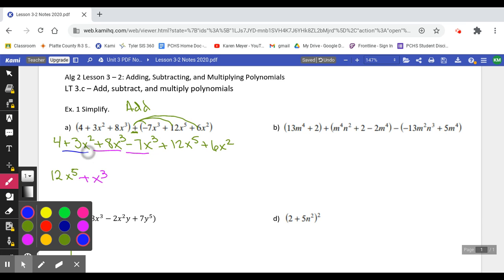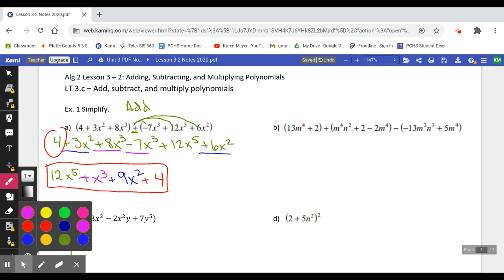And I got a positive 3x squared and a positive 6x squared. And if I add 3 plus 6, I get 9x squared. And then I don't have any x's. And my plain number, I only have one of those, and that is a plus 4. So there's my final answer.